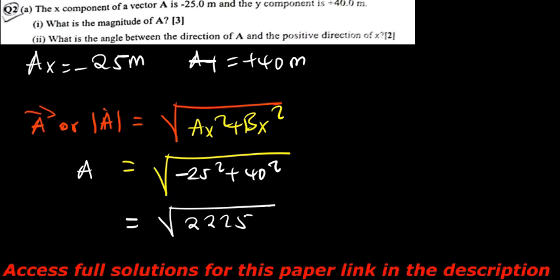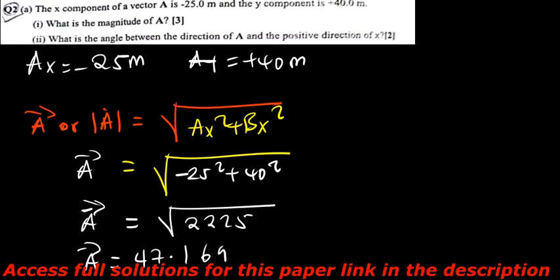So that's vector A. The square root of 2225 is 47.16. I want you to understand one thing.